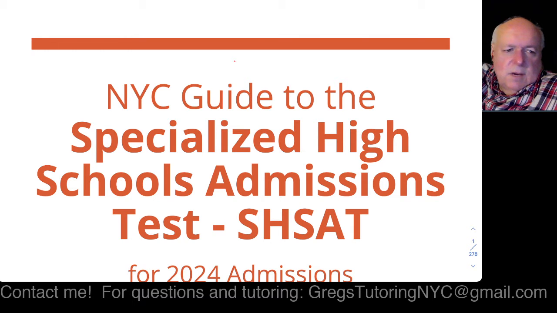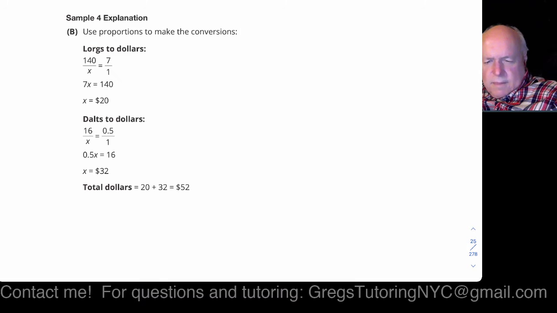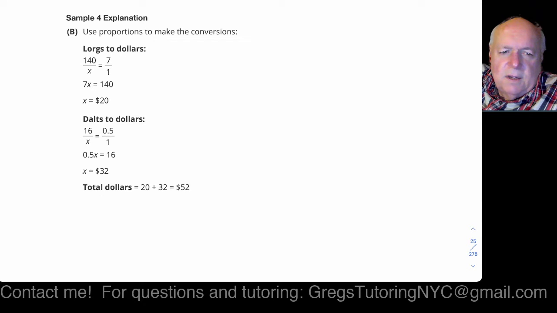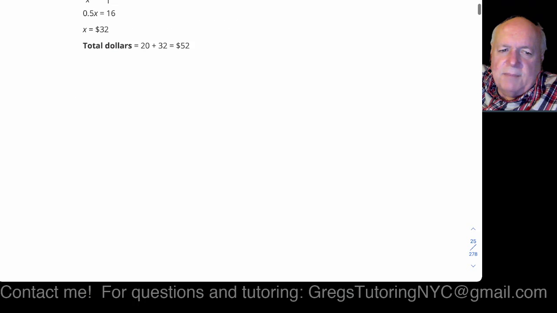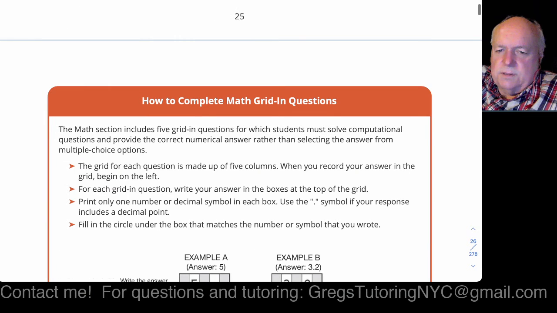We're going to look and make sure, again, as I said on the other video, if you go to page 26 of your handbook, it'll show you the grid and instructions.